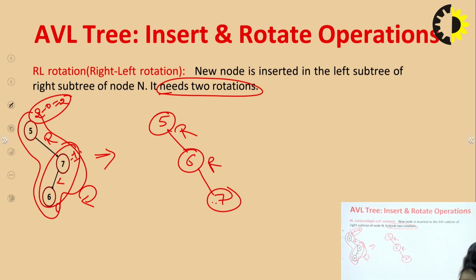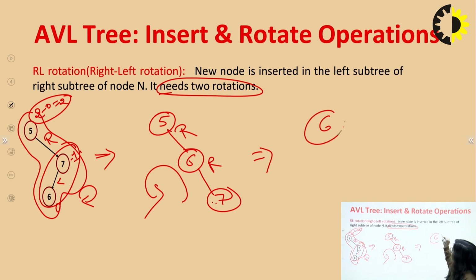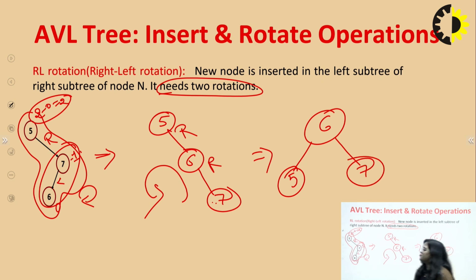A right and right rotation needs one-time rotation, and this one-time rotation is anti-clockwise. According to anti-clockwise, this will come, 6, and this one is 7.